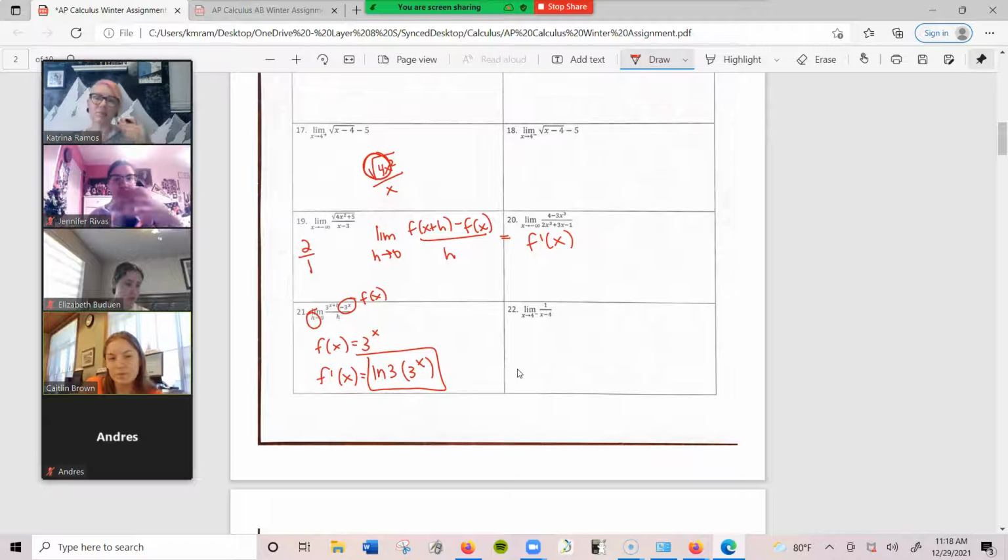Remember, when they have the same degree, when you're finding the limit as x approaches either negative infinity or positive infinity, you divide those coefficients. So the coefficient of the x squared is the square root of 4 because it's underneath the square root, which is 2.